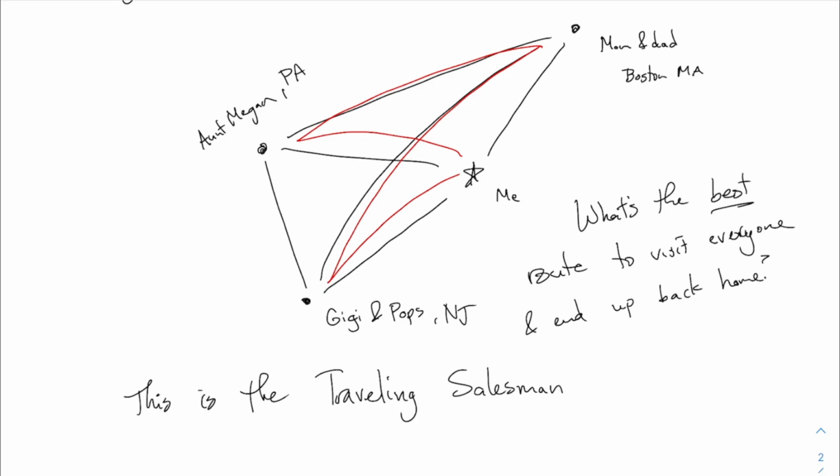I've got to go see all of those people, but how should I route it so that the total trip is the most efficient? So this is the traveling salesman problem.